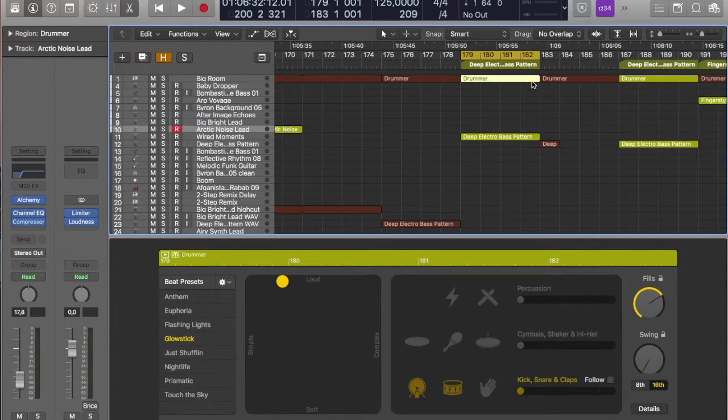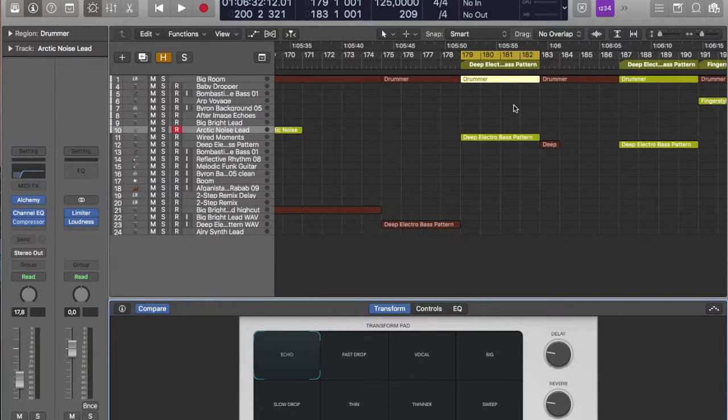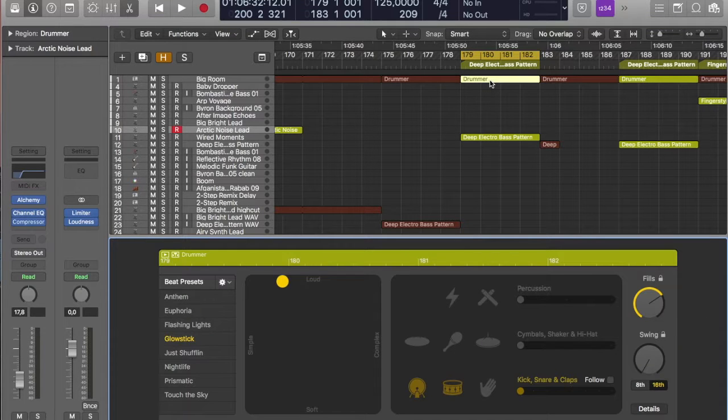I have here the drummer of this part, and on the iPad I see this Alchemy. I can put it up for a second just for you to see, but then I will put the drummer again, and this is what it gives us.